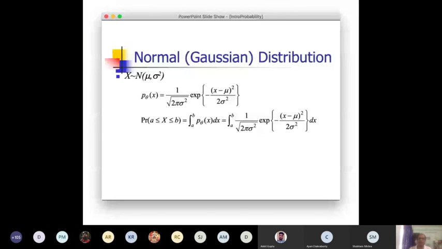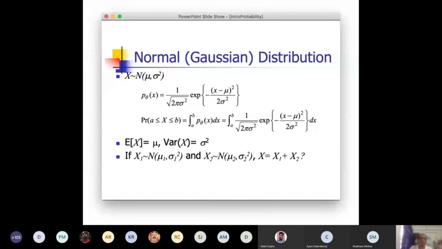And they are related to the corresponding expectation and variance. So mu is the expectation for this random variable, and sigma square, I should say, is the variance for this distribution. These are two things that you should know.